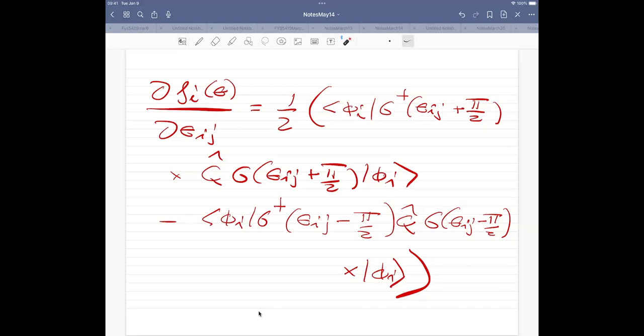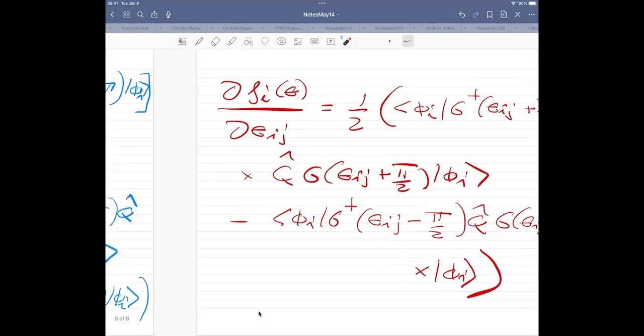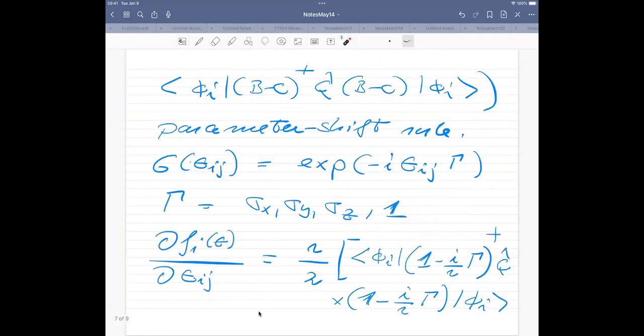So as long as these gates which we are dealing with, if we go back to the expressions which you have here, as long as these gammas are given by the standard Pauli matrices and have only 2 eigenvalues, then this parameter shift rule is actually easy to implement.